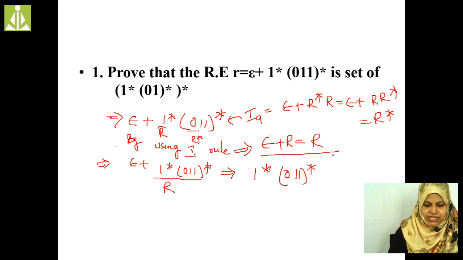Now my expression is 1 star 0 1 1 whole star.